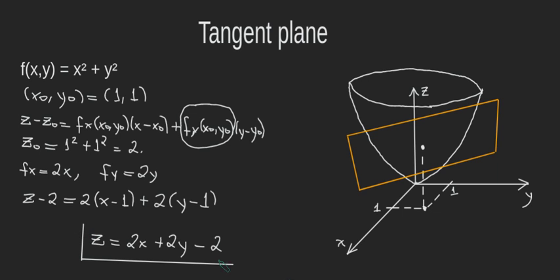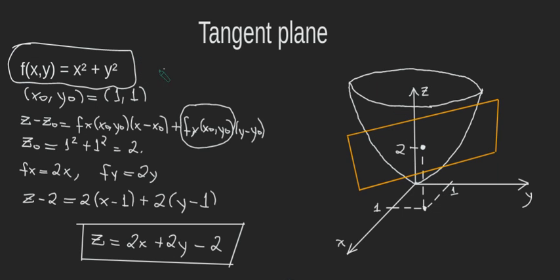This is the equation of the tangent plane which passes through the point x equals 1, y equals 1, and z equals 2, and is tangent at this point to this two-variable function.